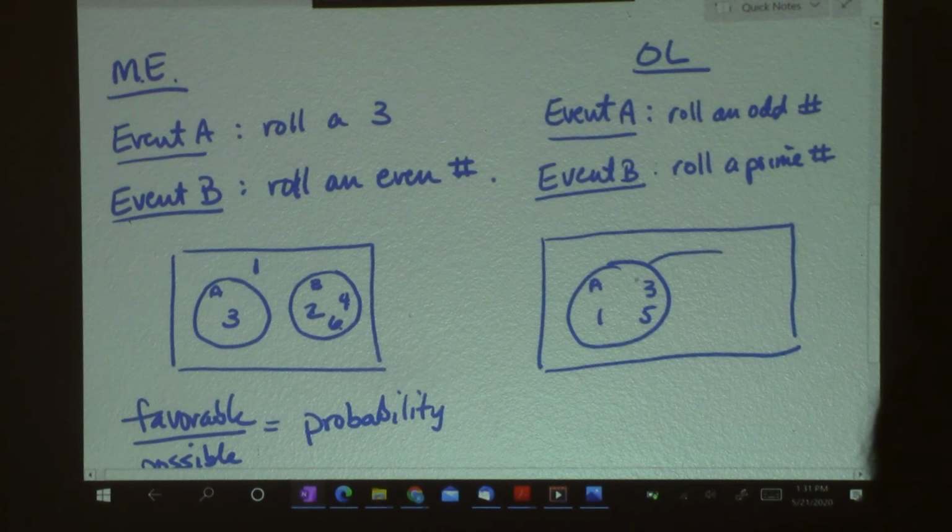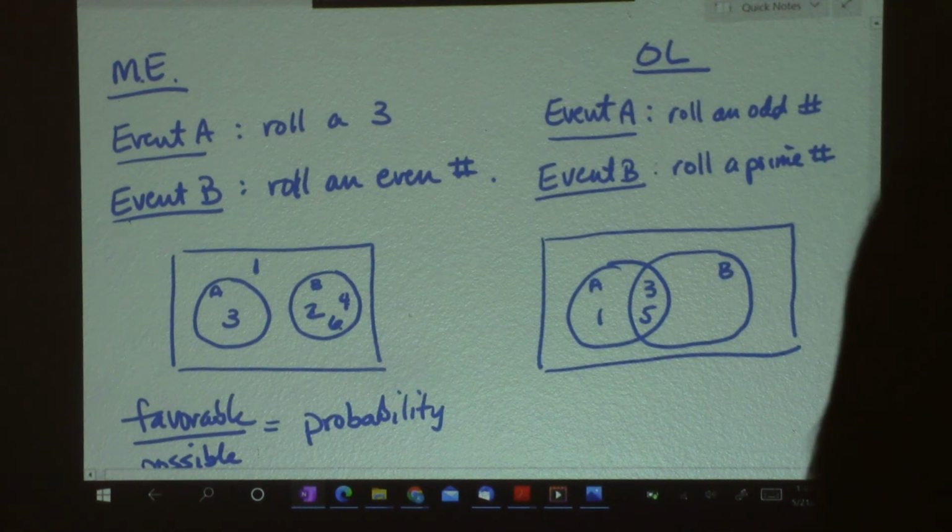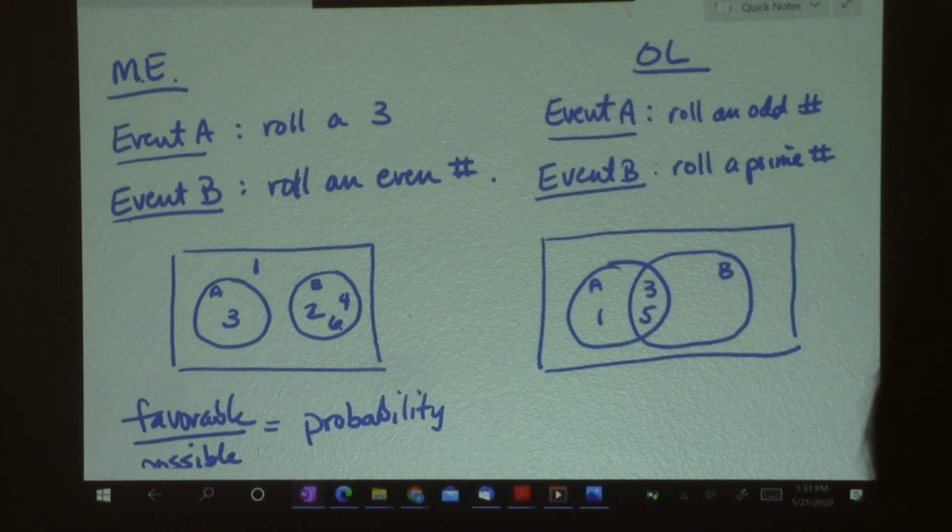Now, with overlapping, you can see real easily how this works. A prime number, well, what prime numbers are there out of that? Well, we would have actually, 1, there's some debate about whether 1 is prime.